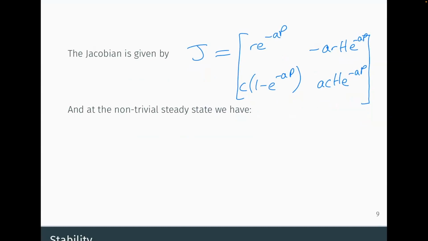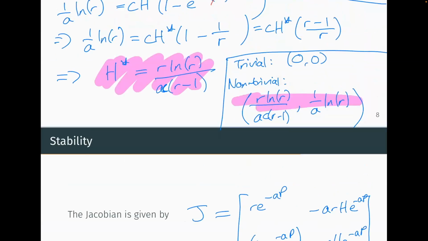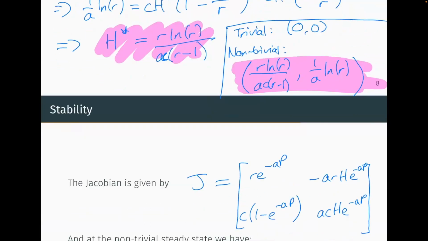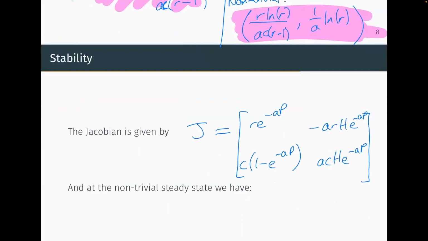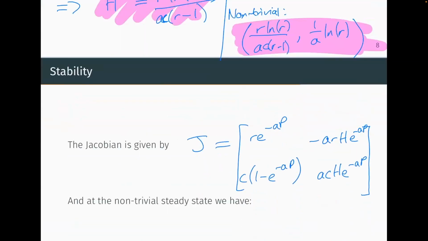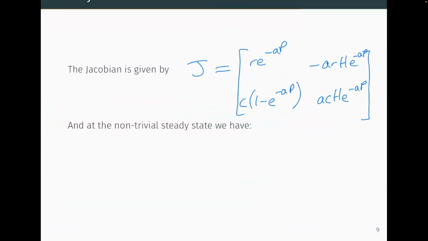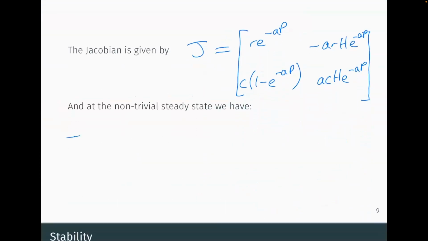For our non-trivial steady state, we're going to substitute in this. Again, this is a little bit messy, but our P is 1 over A log R. So when you do that, this first term here is just going to go to 1. So that simplifies down nicely, and we just have a 1 in this top left hand entry. I'm going to leave top right as minus AR times H star.